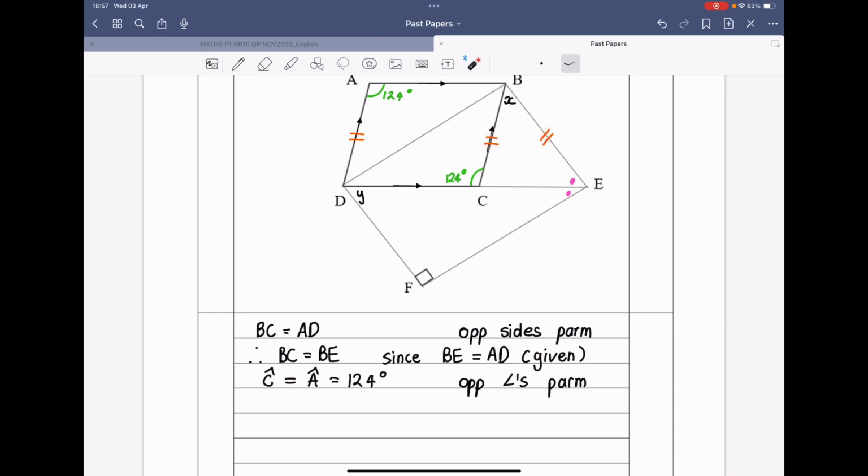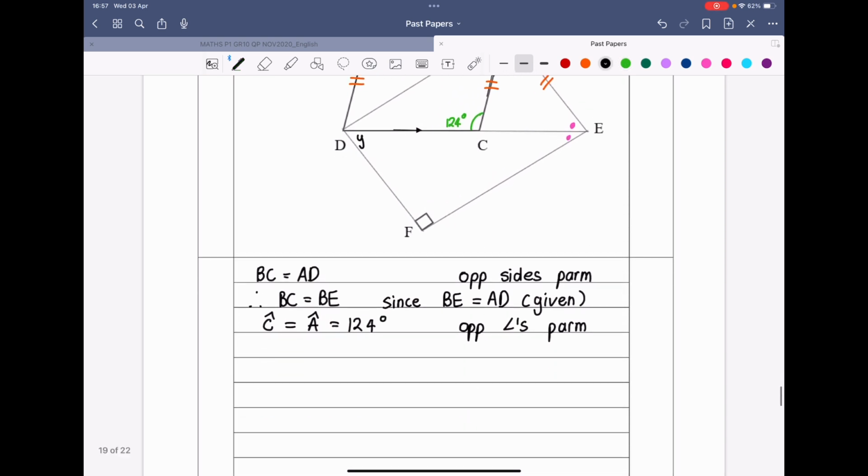Okay, now I can see that this BCE triangle is an isosceles triangle because I've got the two opposite sides that are equal. And if I can find the size of this angle and the size of this angle, then I'll be able to find the size of this angle. So first I can say that this is on a straight line. So if this BCD is equal to 124, then this BCE is going to be equal to 180 minus 124.